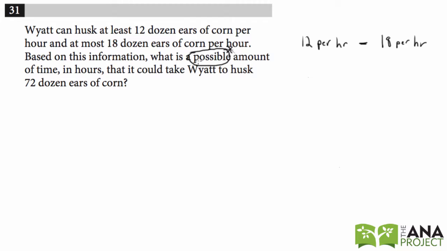There's not just one answer. They'll accept multiple different answers. So for example, if Wyatt can husk 12 dozen ears of corn per hour, we'll do the amount of corn he can husk per the number of hours.